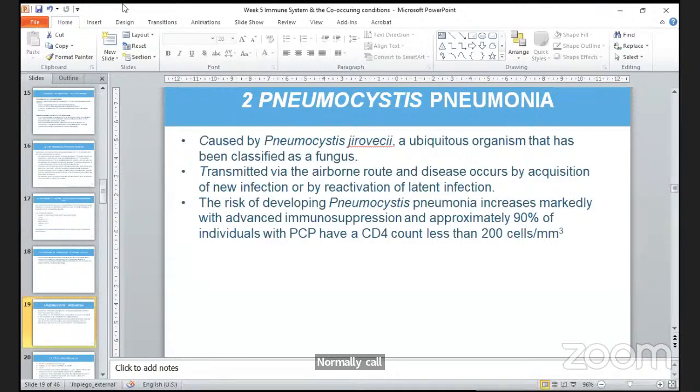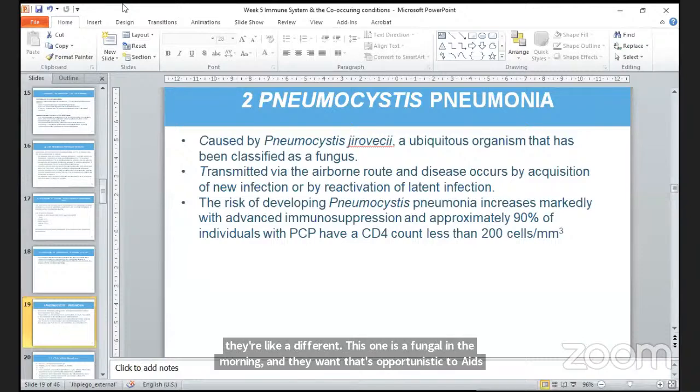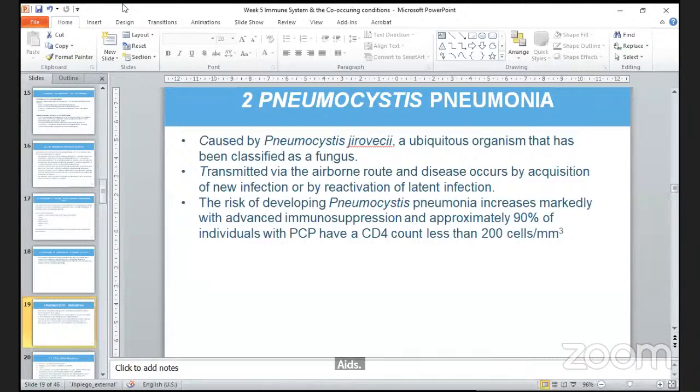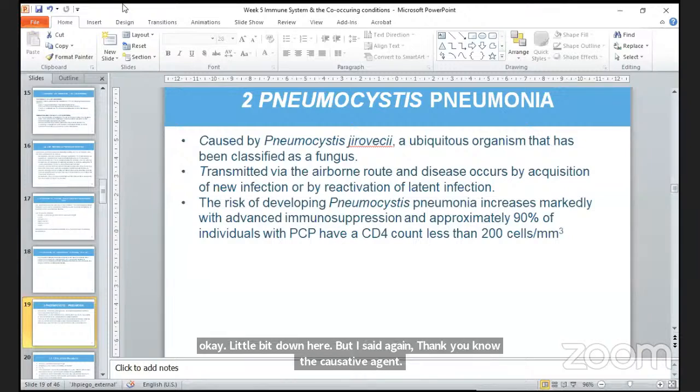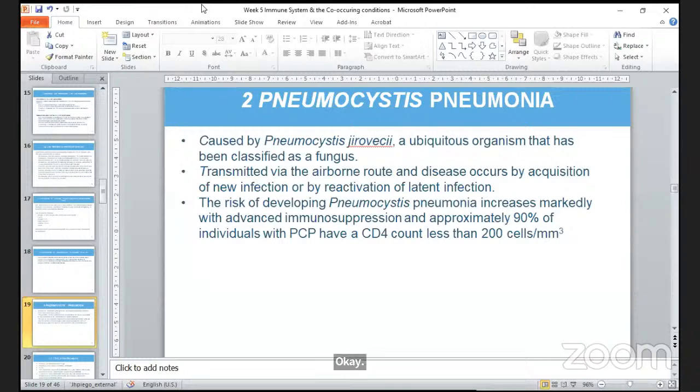The one that's opportunistic to HIV or AIDS is a fungal pneumonia called pneumocystis pneumonia, caused by a fungus called Pneumocystis jirovecii. Okay, a very big term here, but I say again, try to know the causative agent. The causative agent for pneumocystis pneumonia is Pneumocystis jirovecii.